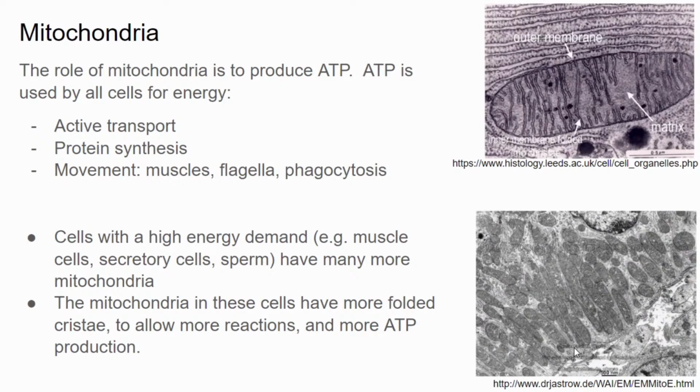Down the bottom here, I know it's very, very small, you can't really see, but this must be a cell with a very high energy demand because it is just jam-packed with mitochondria. And I will make these slides available so that you can zoom in. When you zoom in, you'll be able to see that those mitochondria are just absolutely packed with cristae as well. So they have a very large inner membrane, which is folded up into many more cristae, which allows for greater surface area for reaction.